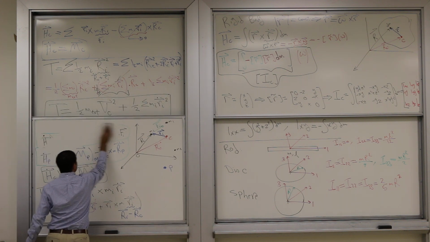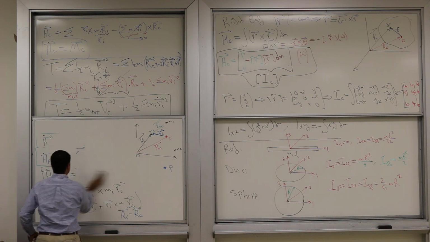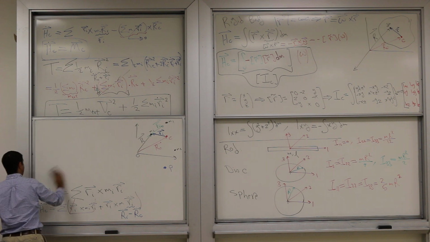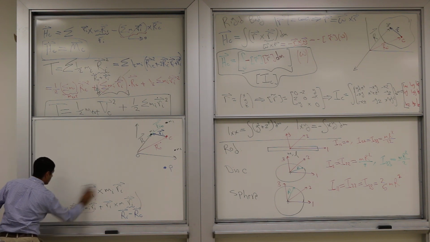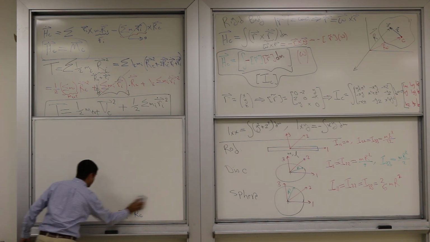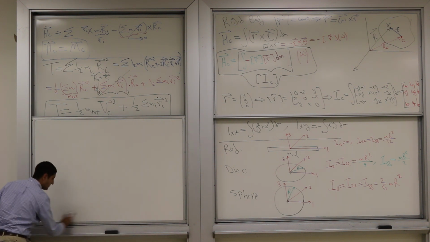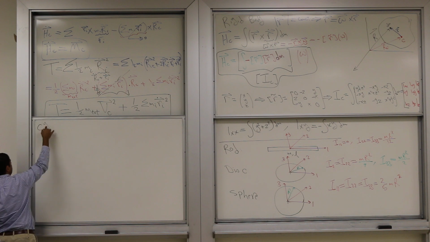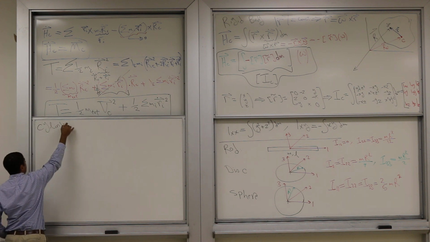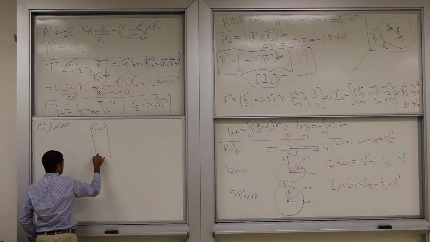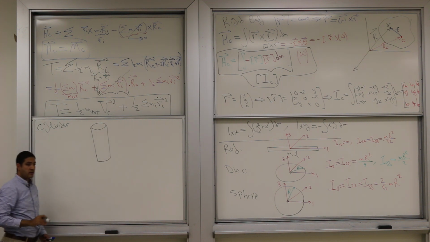I'm going to continue examples. Examples of common shapes. So what else? Maybe plate, for example, or cylinder. And actually you can add things.